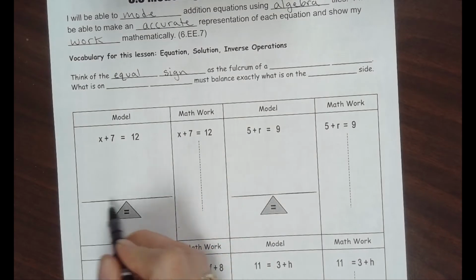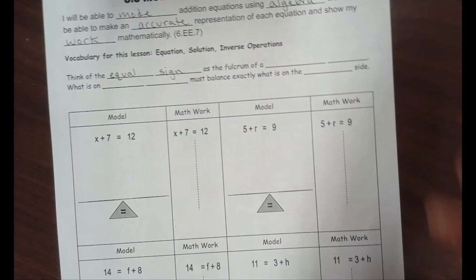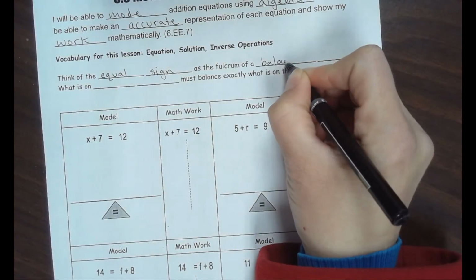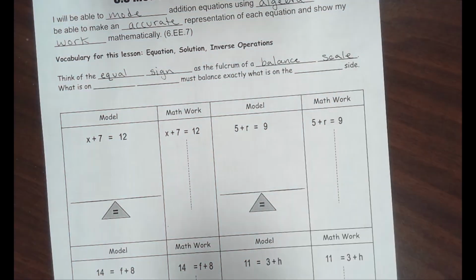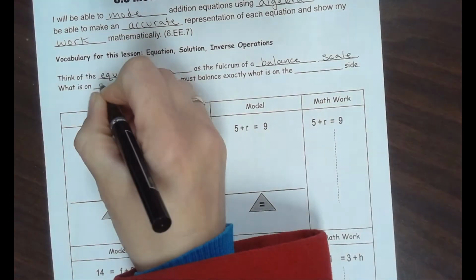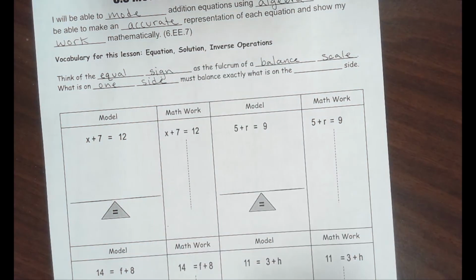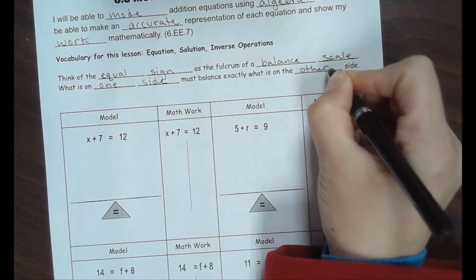If it's equal, this side needs to be exactly the same as this side. So think of it as a fulcrum of a balanced scale. What is on one side must balance exactly what is on the other side to keep that true.